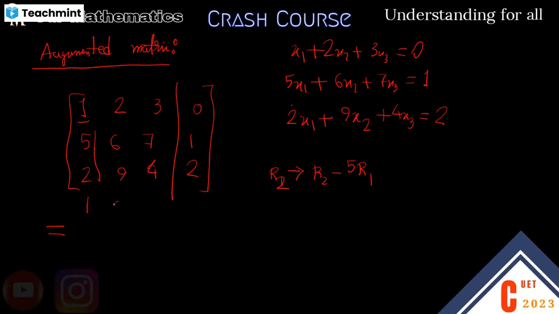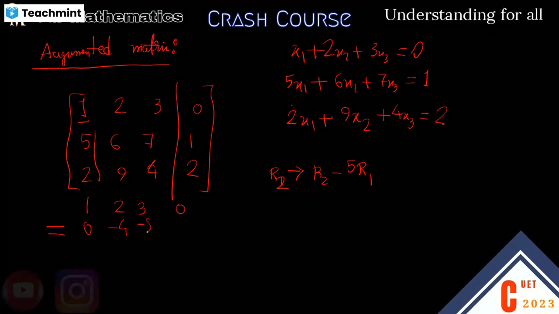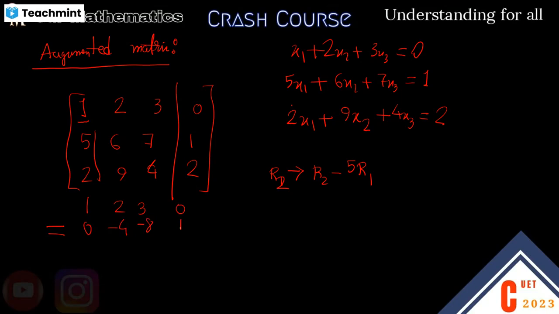Then what it will become: 1 2 3 0, 5 becomes 0, 6 minus 10 becomes minus 4, 7 minus 15 becomes minus 8, it will become 1. Then we will do R3 goes to, because we have to make all these elements 0, right?